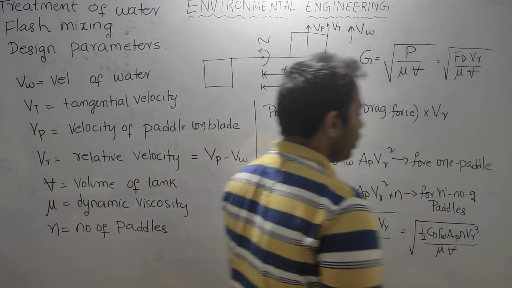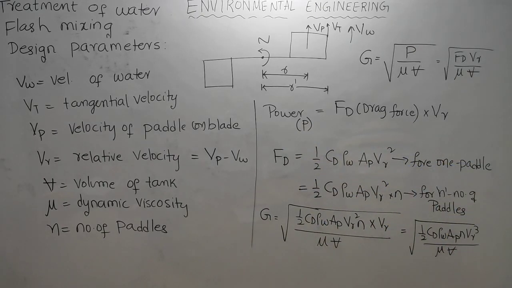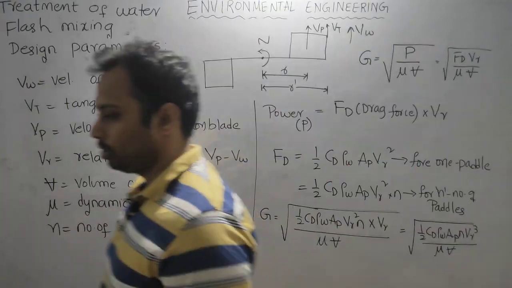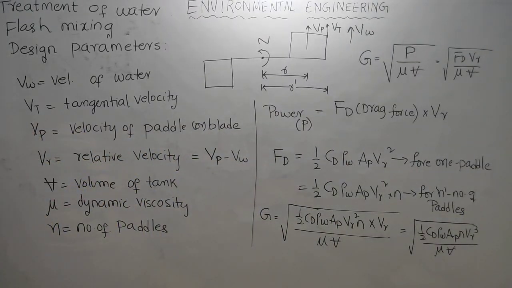This is the formula of the temporal mean velocity gradient when we want to find it using drag force.